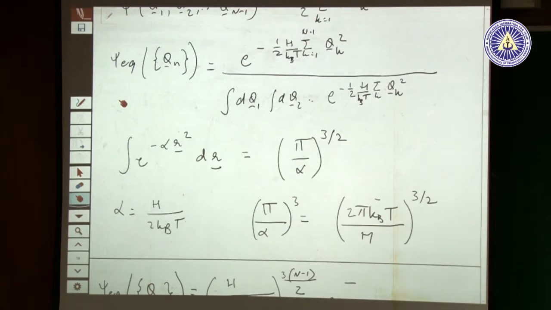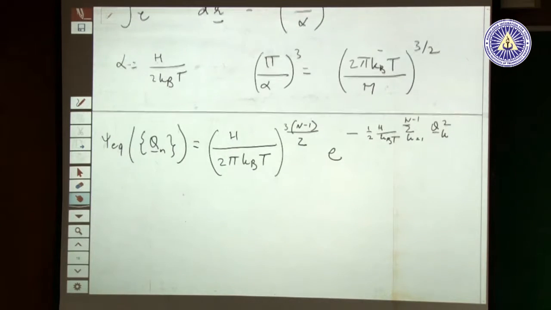Okay, I will write it and then we will scroll down. Okay, that is the distribution function, equilibrium distribution function of a bead spring chain.